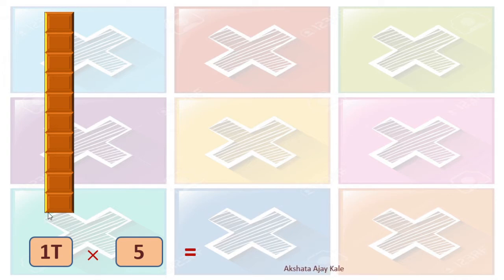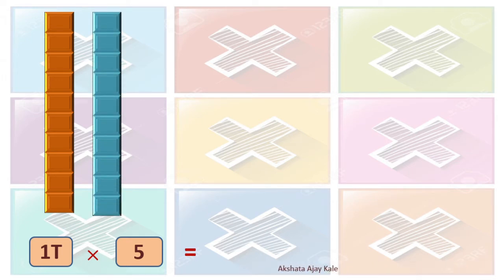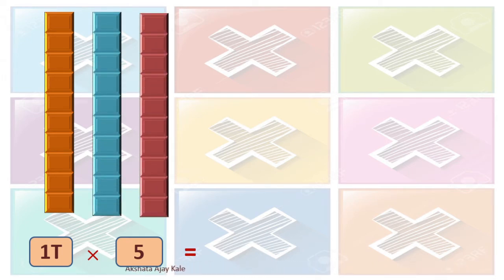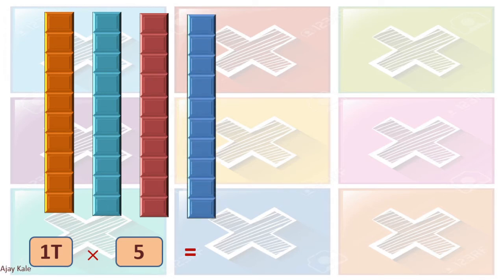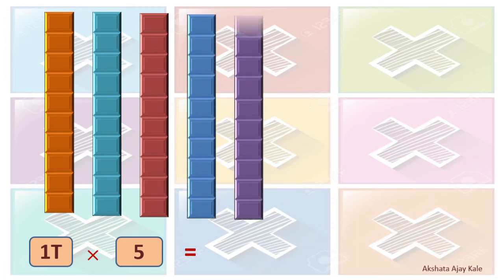Like that we need 5. Right? This is 1 ten. When we multiply this by 5, the meaning is: here this is the second 10, third 10, fourth 10 and fifth 10, isn't it? 1, 2, 3, 4, 5. Here the meaning is we have to take 1 ten five times. Got this?